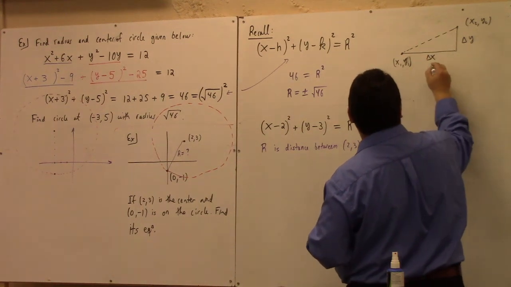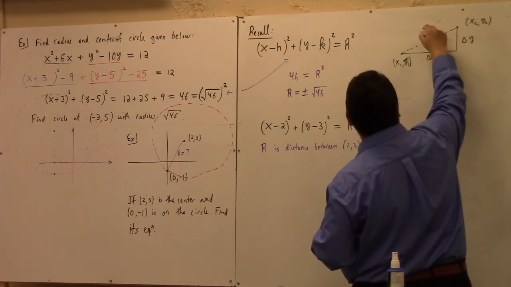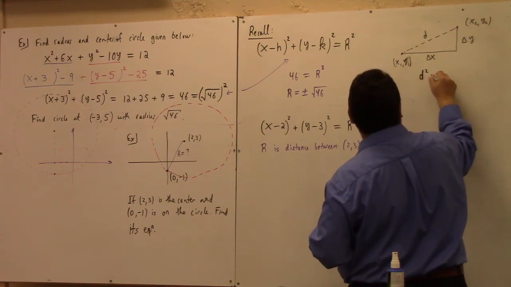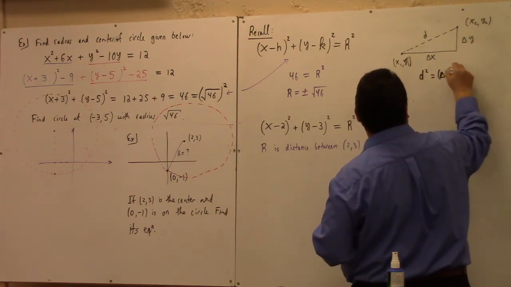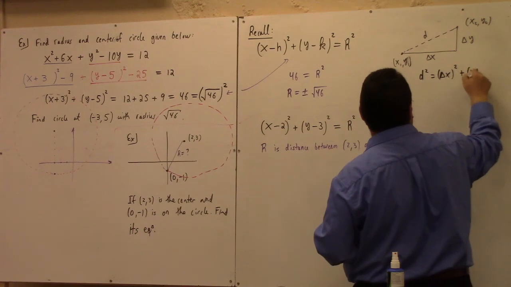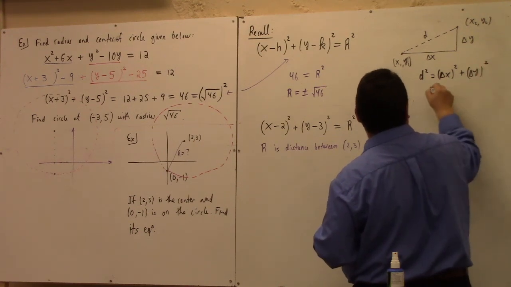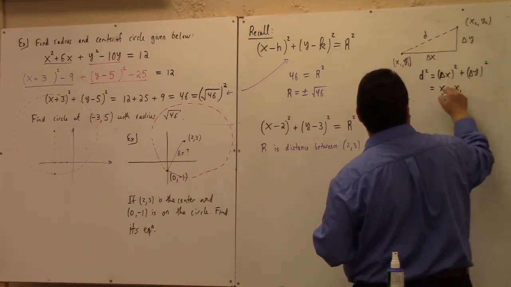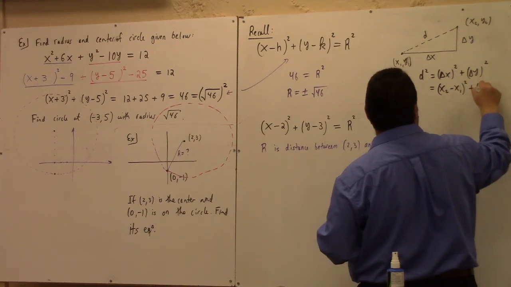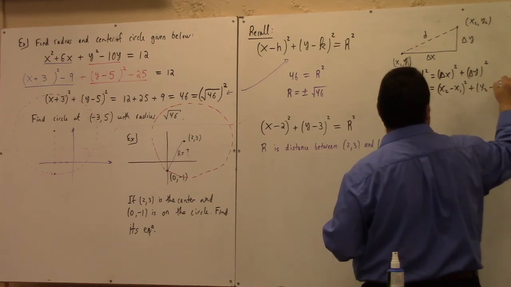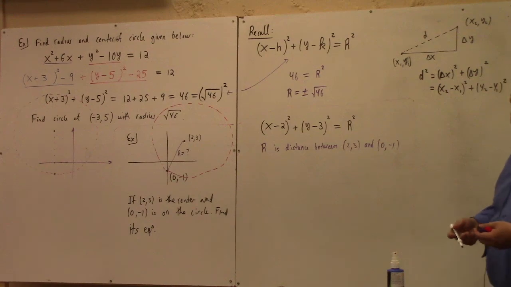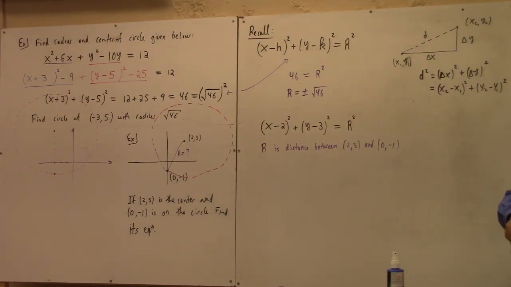And so the distance, let me call it d, d squared is equal to delta x squared plus delta y squared, which would be specifically (x2 minus x1) squared plus (y2 minus y1) squared, right? So we can understand the distance formula as coming from the Pythagorean theorem.